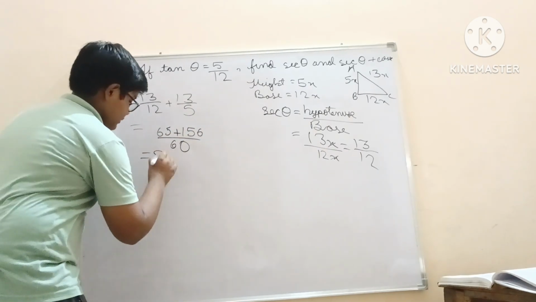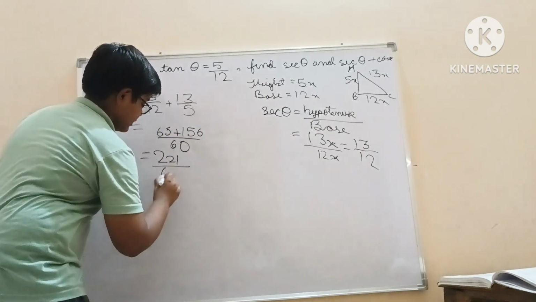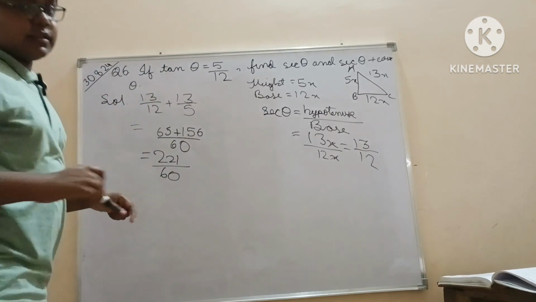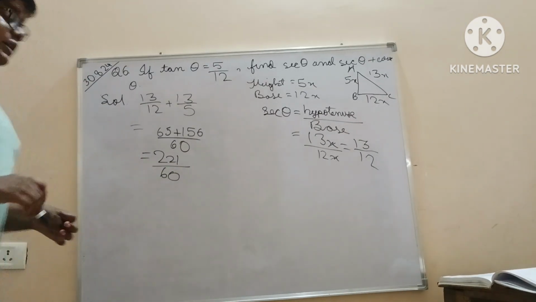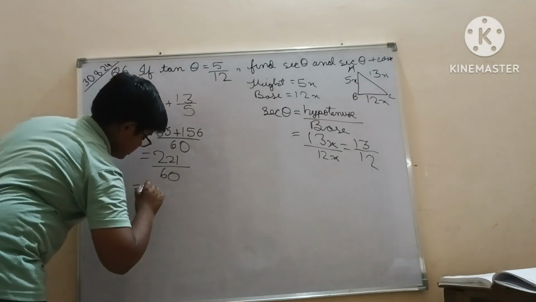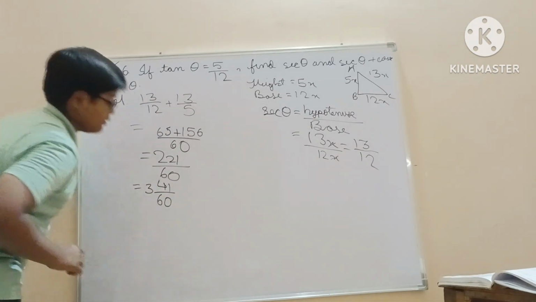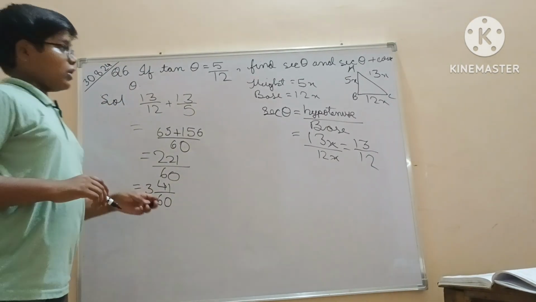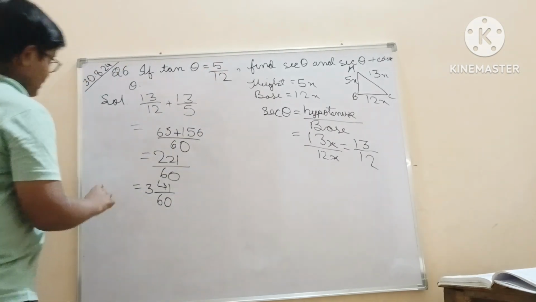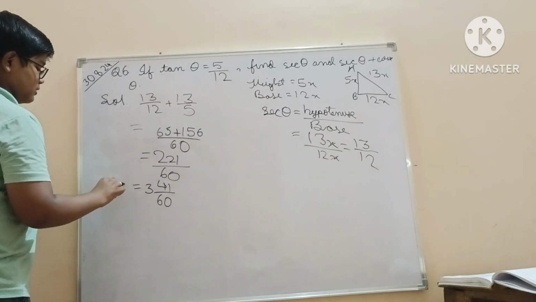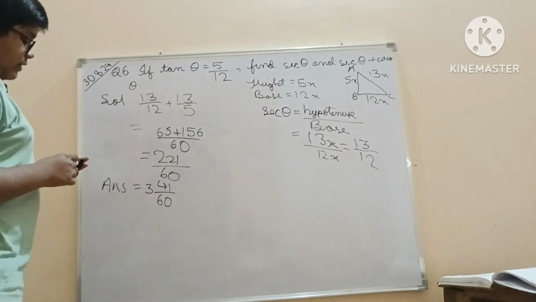So 65 plus 156 is 221 by 60. Now it will convert into a mixed fraction, which is 3 whole 41 by 60. Now we have got our answer, which is sec theta plus cosec theta as 3 whole 41 by 60.